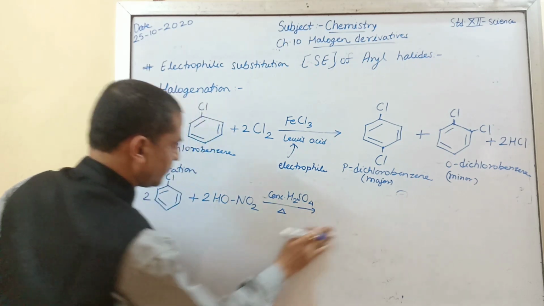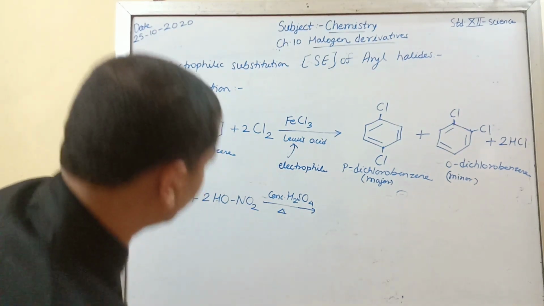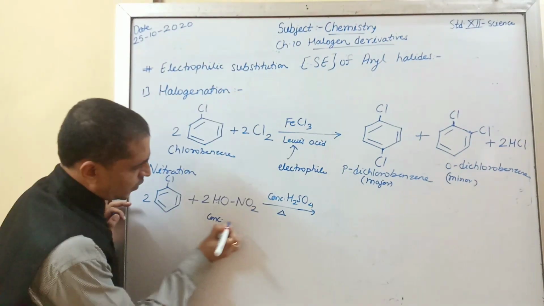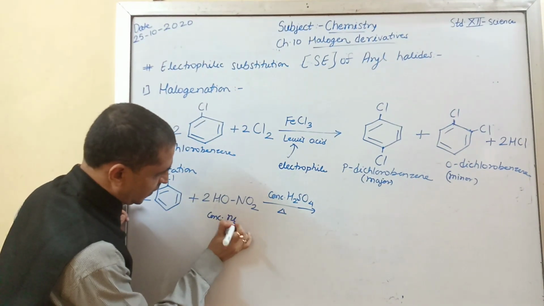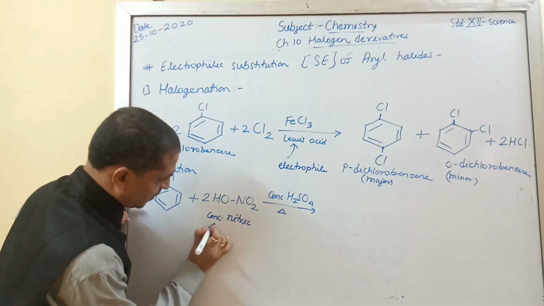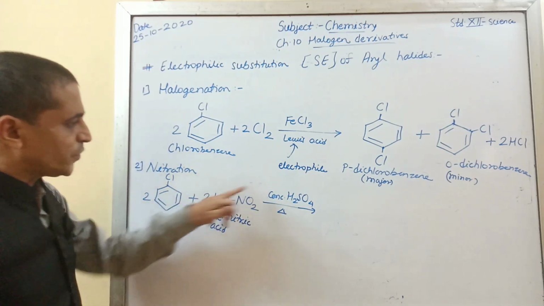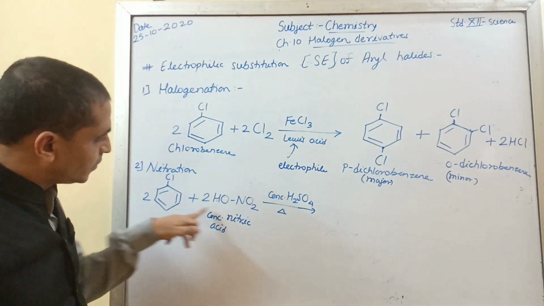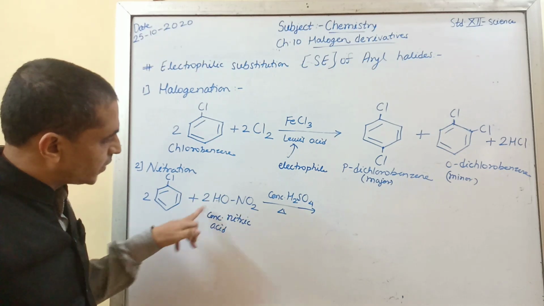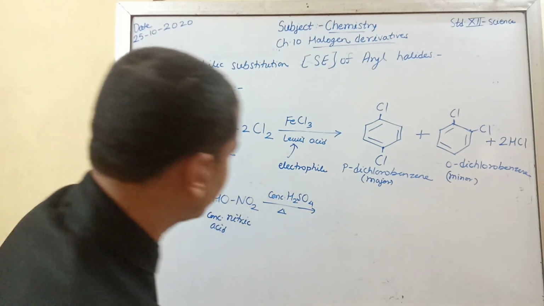It is required. Concentrated sulfuric acid helps in the generation of the electrophile, that is the nitronium ion, that we will see.